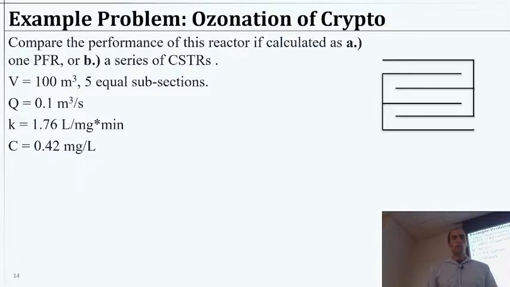So give that a go. Shouldn't take too long, I think. And by comparing the performance, let's just take performance as the amount remaining. Or, I don't know, maybe the amount removed, 1 minus that.